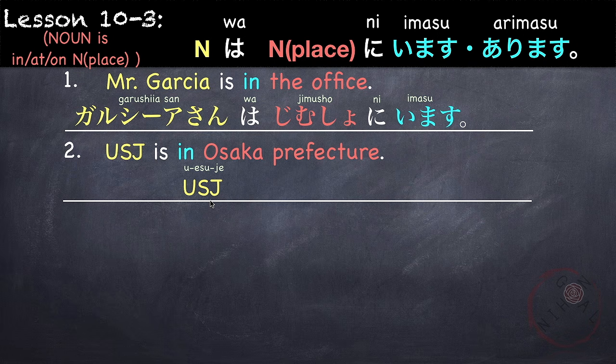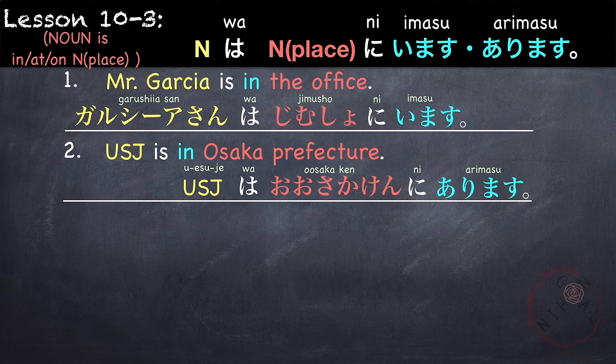USJ は Osaka ken. Ken is the suffix for prefecture, followed by に arimasu. USJ は大阪県にあります. So again, our topic is USJ and the speaker is saying that it is in Osaka ken.